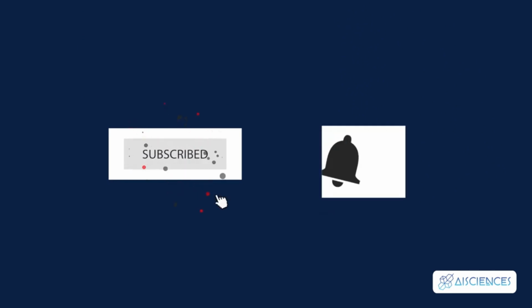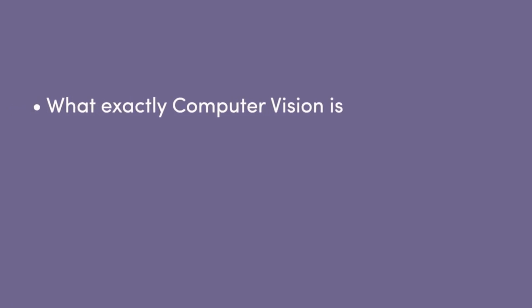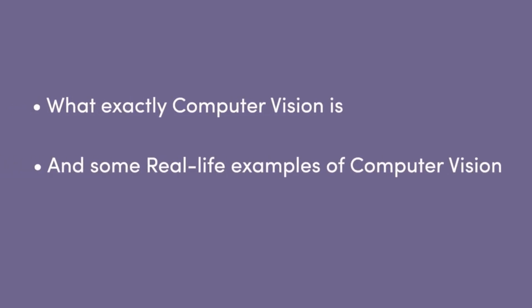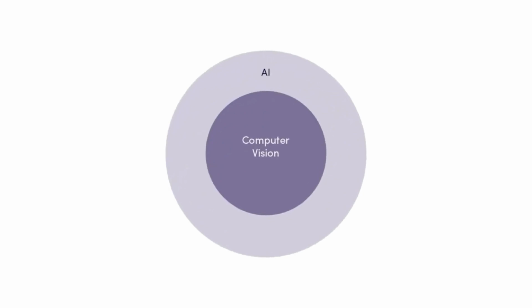In this short video, we will discuss what exactly computer vision is and some real-life examples of computer vision. Let's jump right in and talk about the definition of computer vision. Computer vision is a field within artificial intelligence. You might be familiar with the acronym AI, which is artificial intelligence.